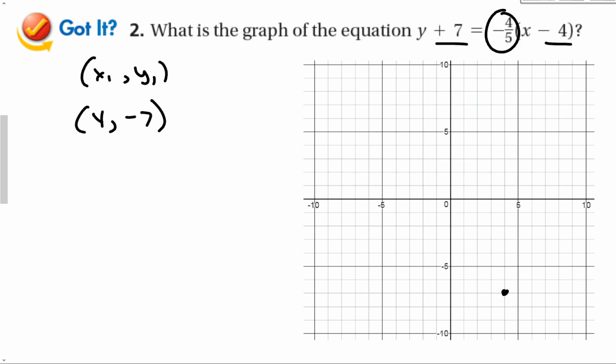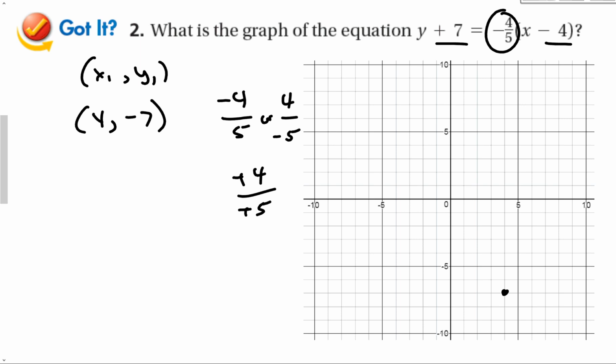Then my slope tells me to go down 4, right 5, or up 4, left 5, but not down 4, left 5, because then this would be a positive slope.